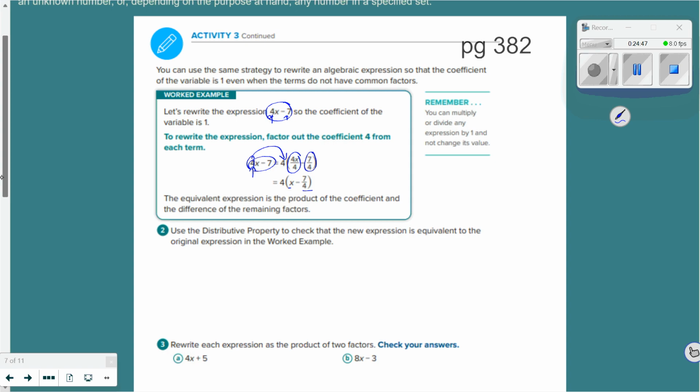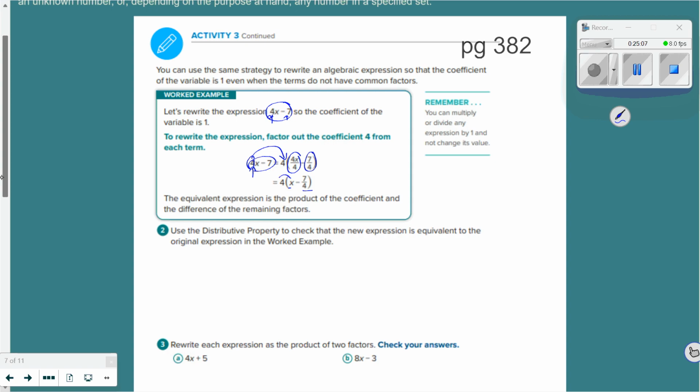I don't like improper fractions, but here it's actually okay. You could change it, but that would make this next step hard. Watch this next step.